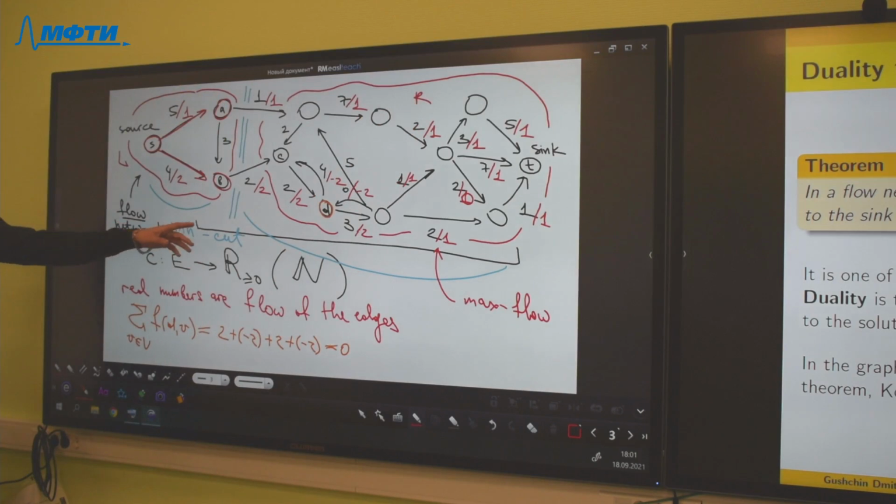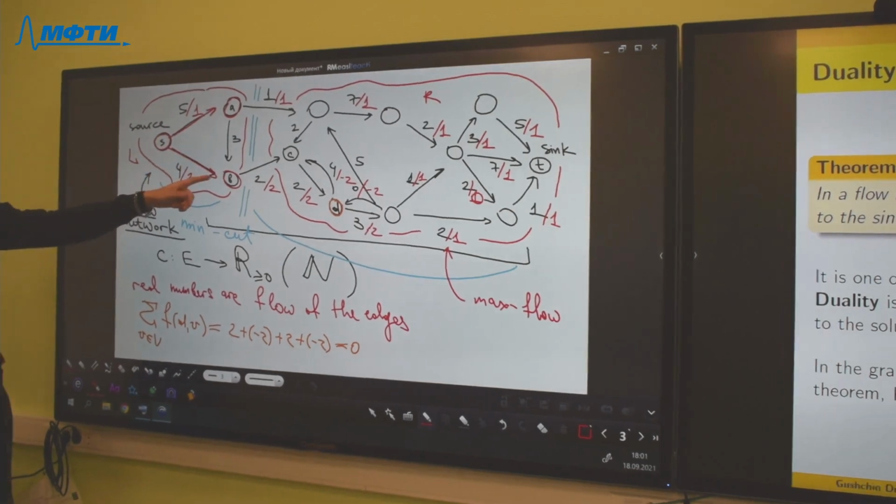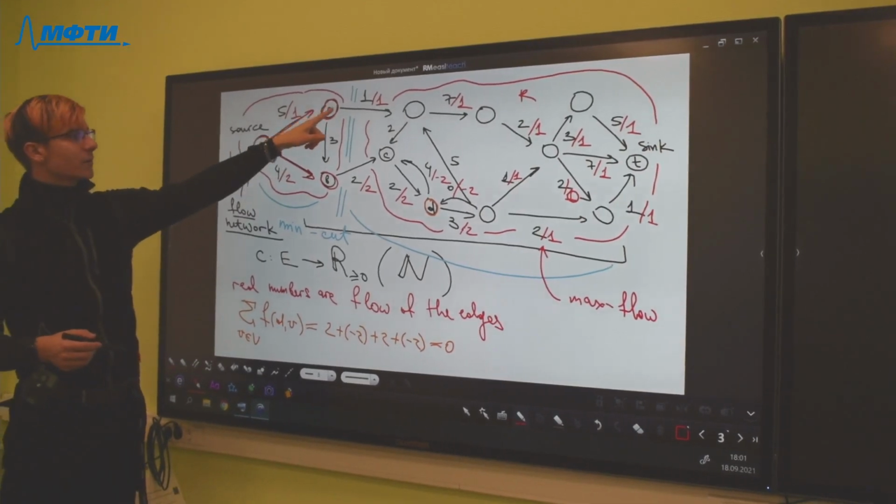And a cut in the flow network is dividing the set of the vertices into two parts. One part contains the source and one part contains the sink. And we say that it is minimal if it has minimal value.